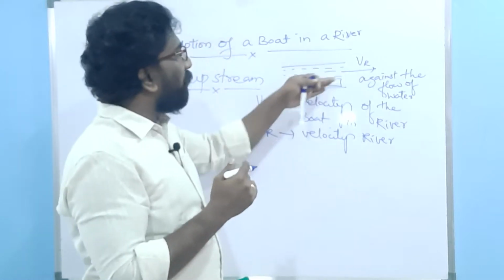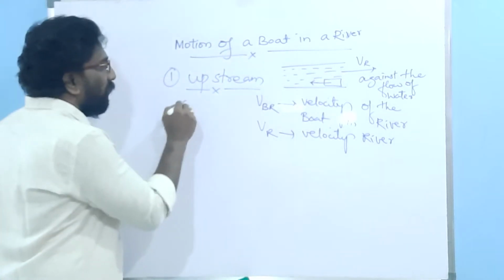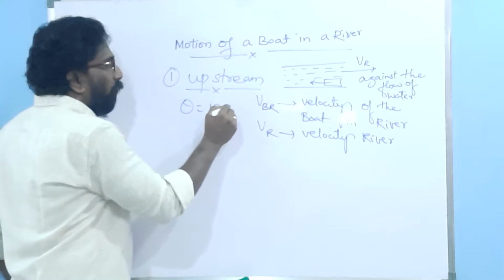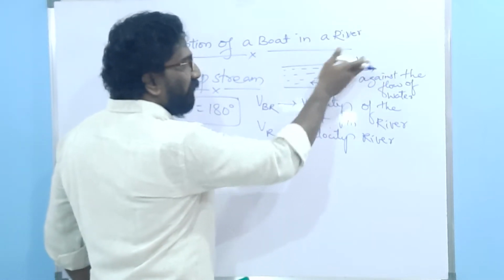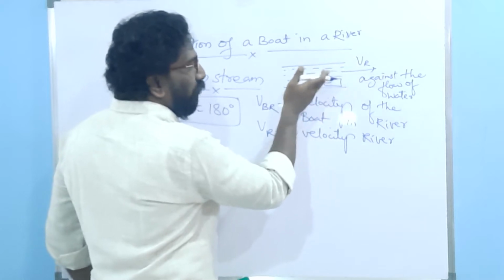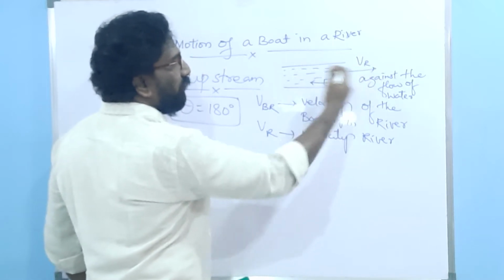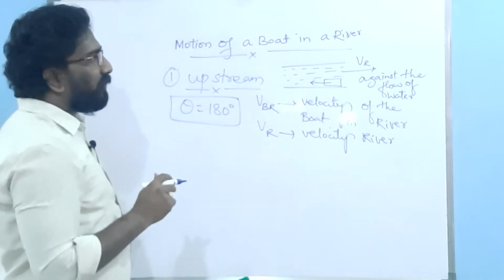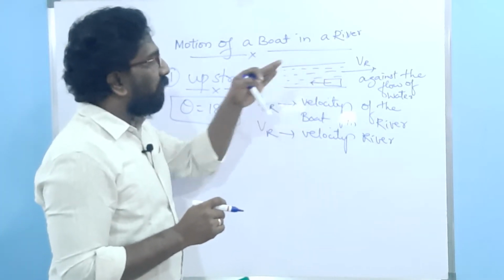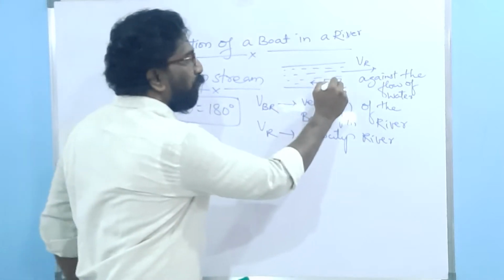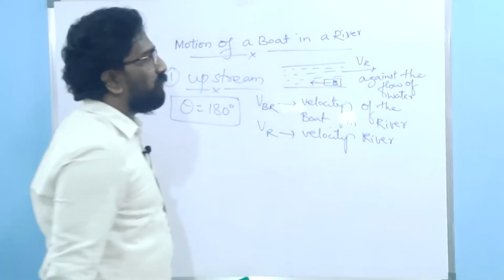Always, for the upstream motion of a boat, the angle is equal to 180 degrees, because both are traveling along a straight line in opposite directions. Now we are supposed to calculate the resultant velocity of the boat with respect to the velocity of water.